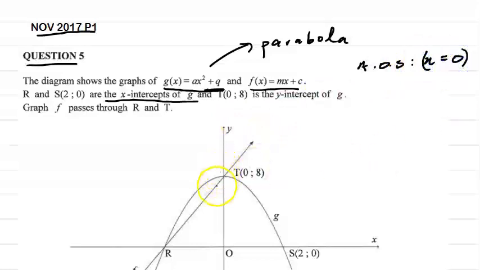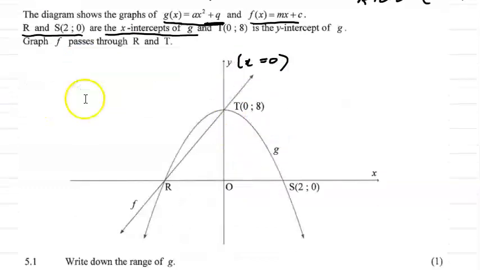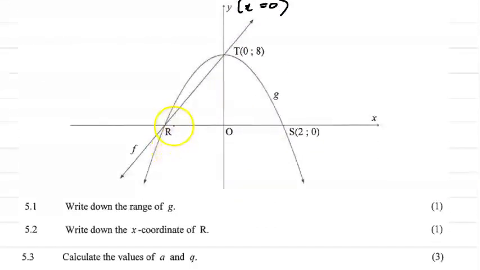So all points are going to be symmetrical about this line here, x equals 0. So if they tell us that S is this point here, by symmetry, you can now find this point R, which will be minus 2 and 0. Remember that this is the turning point or the y-intercept, so your q value is equal to 8 there.